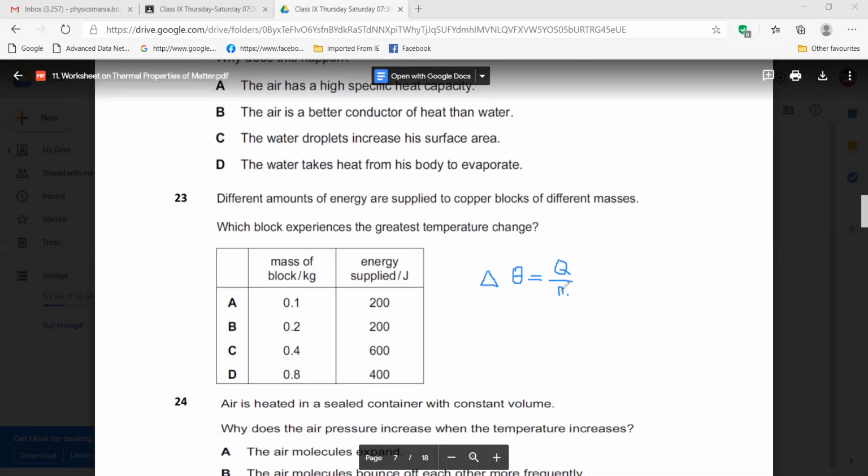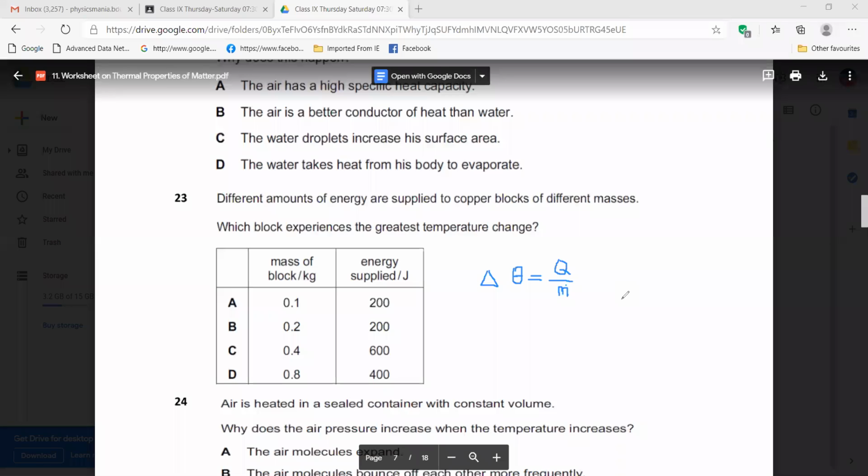Let's calculate. For A it's coming 2000, right? Yes, sir. For B it's coming 1000. For C it is 1500.